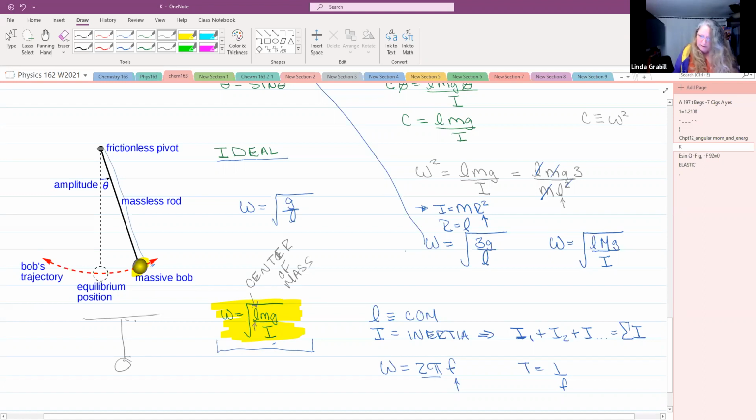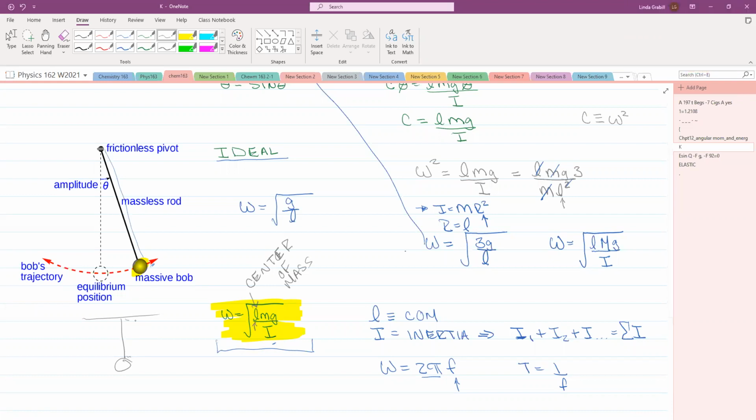Do I need to remind you all what center of mass is? Quickly, sure. Okay.